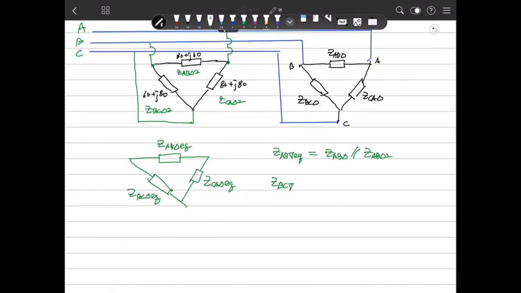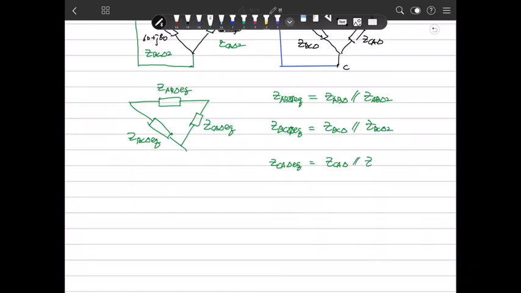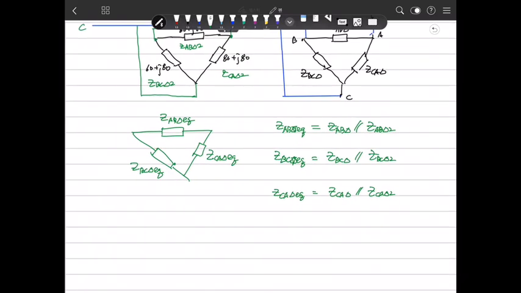GBC delta EQ is the same, GBC delta and GBC delta 2 in parallel. The same way, GCA delta EQ is GCA delta parallel GCA delta 2.